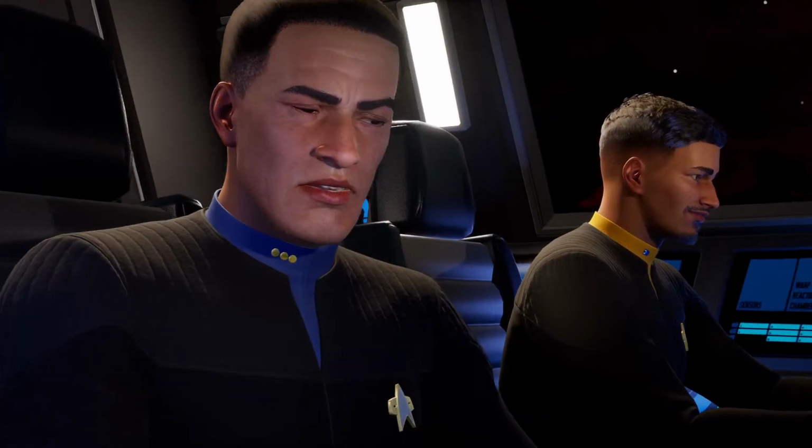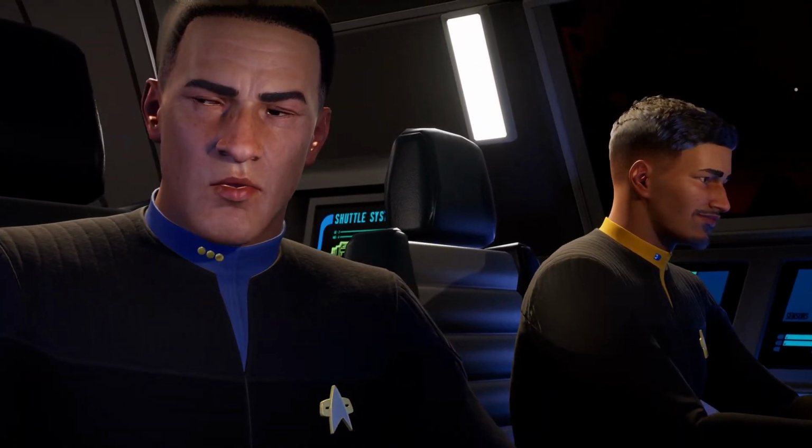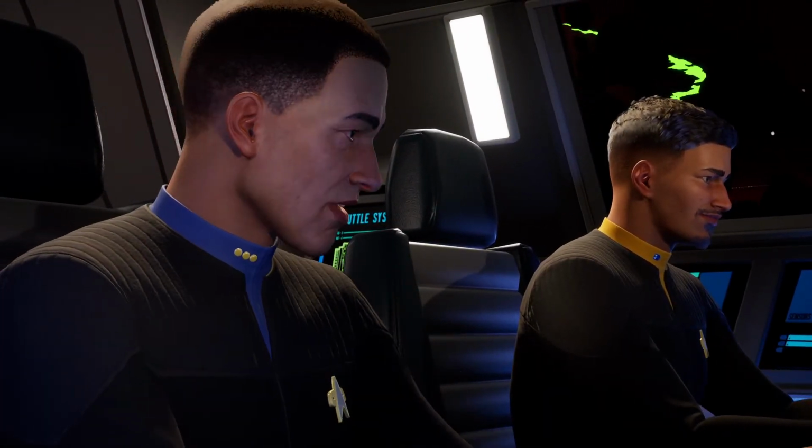I'm setting up a waypoint at a distance roughly corresponding to the edge of our warp field. When we get there, I'll deploy the first probe.